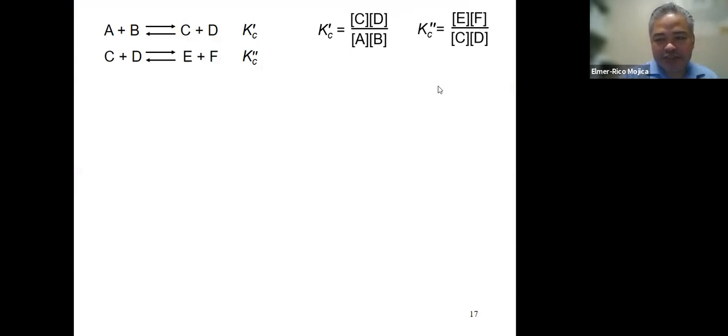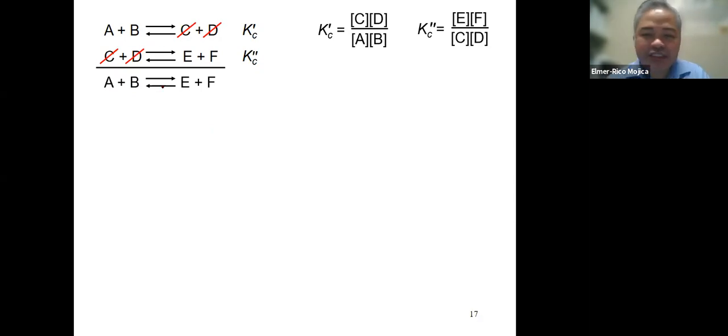For instance, A plus B producing C plus D, and then C plus D producing E plus F. What will be the chemical equilibrium for an overall reaction like this, wherein we cancel out the intermediates? Think of this like a mechanism in your chemical kinetics. The first reaction has K prime C, and the second reaction has K double prime C.